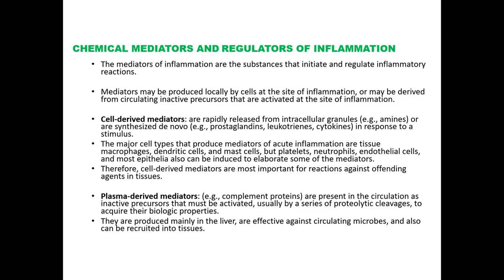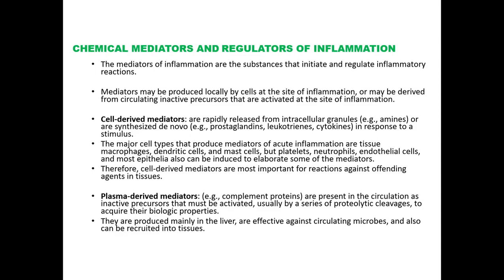Plasma-derived mediators: these are the complement proteins, for example. These are present in the circulation as inactive precursors that must be activated to work, and the activation occurs by a series of proteolytic cleavages to acquire their biological properties.